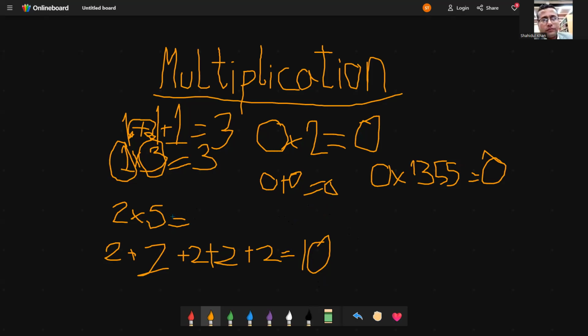But an easier way you can do it is, multiplication can be done in two ways. This way you can do two fives, or an easier way is five twos, but that's a little bit more complex. But I'll still show you how to do it. 5 plus 5. Can you guess? Pause the video so you can try to find out.